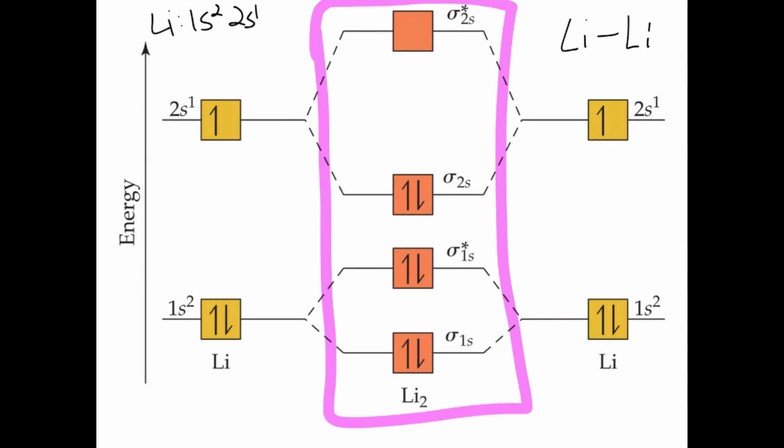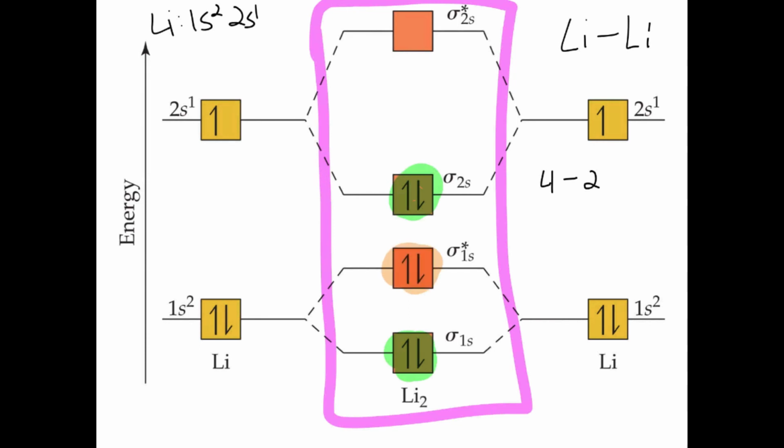But we still have the ability to do the same sorts of things. We can talk about bond order. And if I look for electrons that are in bonding orbitals, I see 2 here, and I see 2 here as well. So I have a grand total of 4 electrons in bonding orbitals, and I will subtract from those bonding electrons the 2 anti-bonding electrons that I have, which I can see right here.